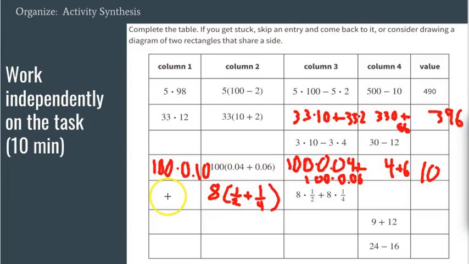What about back here? Still got your 8. What's 1/2 plus 1/4? Yep, 3/4. What about here? Well, 8 times 1/2 is 4. 8 times 1/4 is 2, 6.